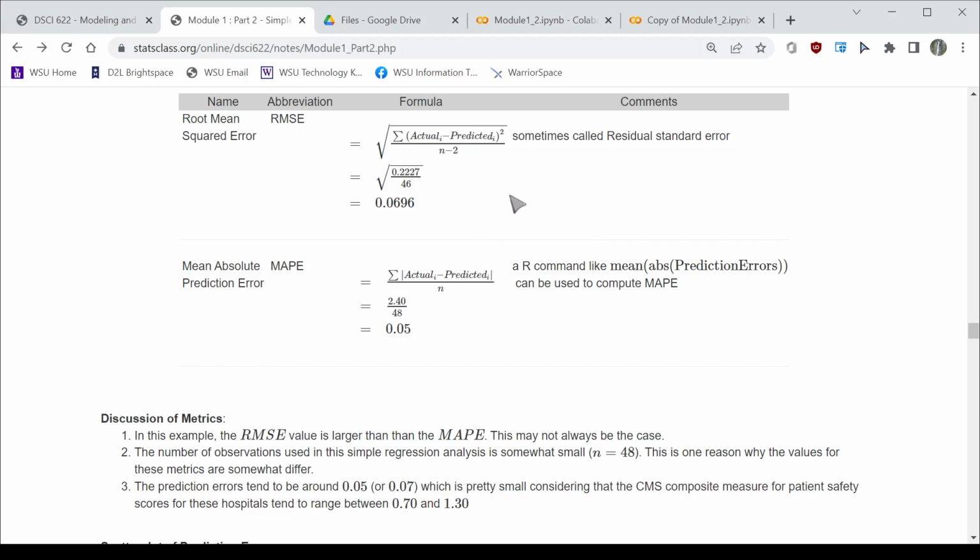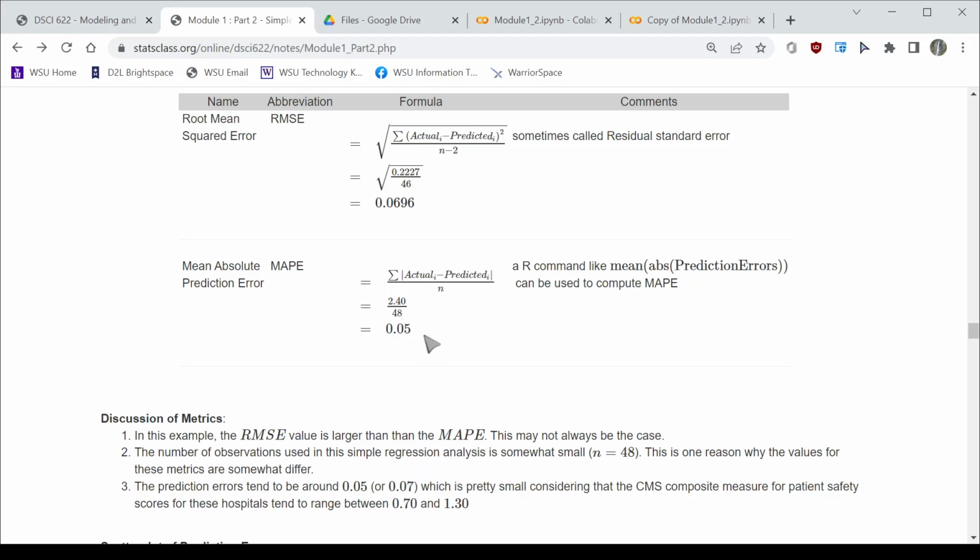There isn't a large number of observations here. Again, these are hospitals across Minnesota. I have a total of 48 here in this particular example. So that's one reason that these values are a little bit different than one another. Generally speaking, though, the PSI 90 scores range from about 0.7 up to about 1.3.